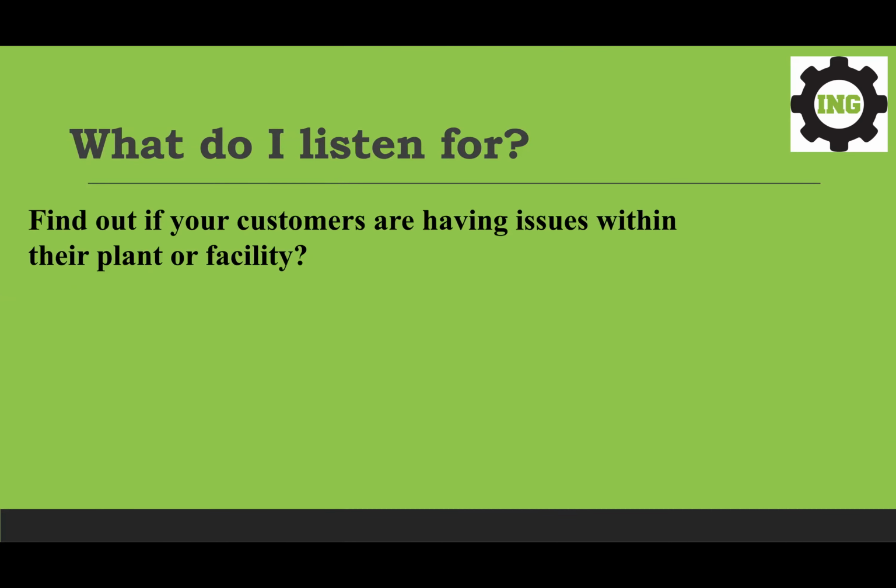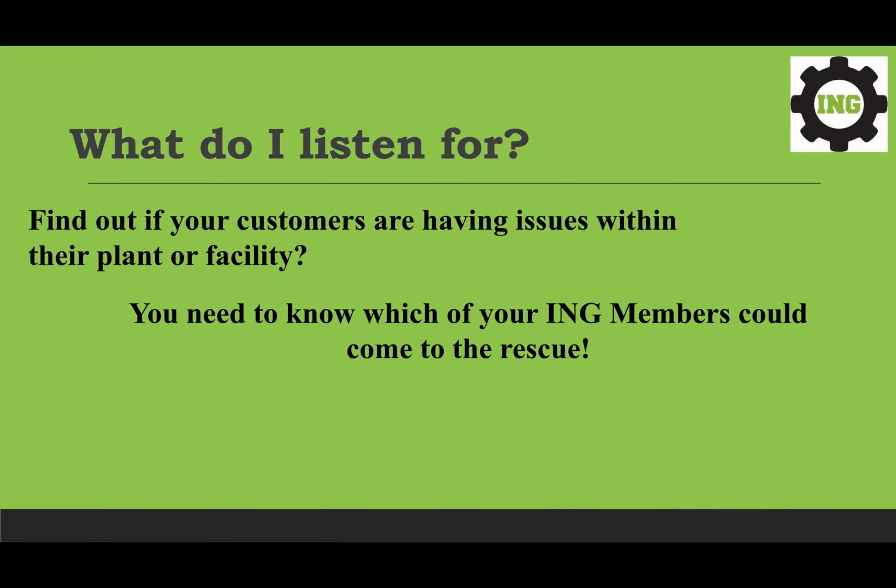What do you need to listen for? Well, you need to find out, are they having issues within their plant or facility? Is it something going on that they're struggling with? Maybe they're having problems with the floor or their roof, or maybe they've got equipment issues. You need to know which of your ING members could come to their rescue.